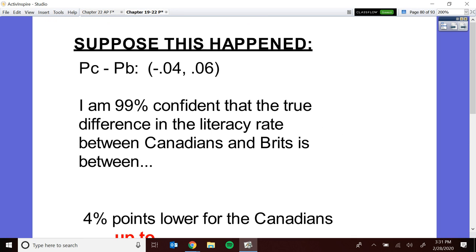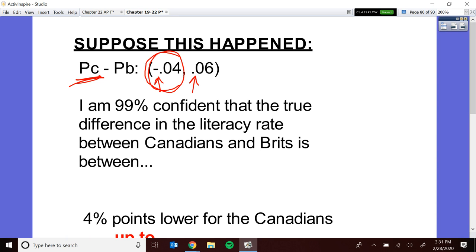Now, this is not what your problem has, but I just wanted to refresh your memory on what to do if you end up with a negative and a positive. Well, this one is saying I'm 99% confident that the true difference in the literacy rates between the Canadians and Brits is between 4%, and that's a negative, so it's lower for the Canadians.